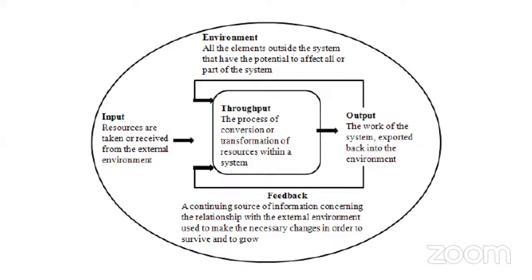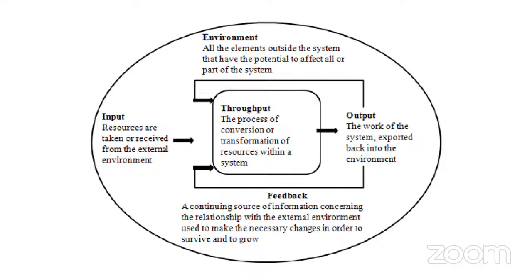All organizations need inputs. What are those inputs that the organization needs? Raw material, money, people, technology, right? These are all the resources that an organization needs. These are the inputs. And where does an organization get these inputs from? The organization gets these inputs from the external environment.